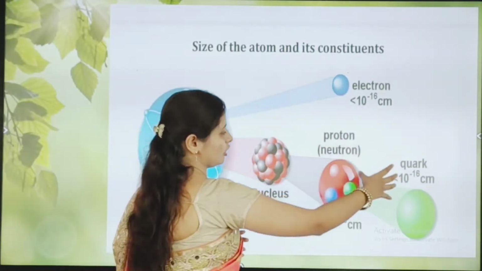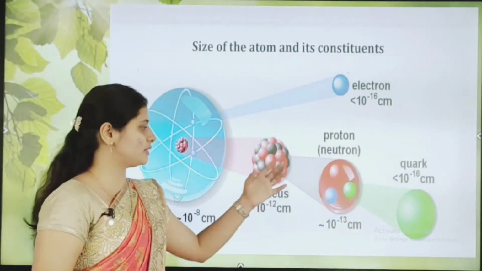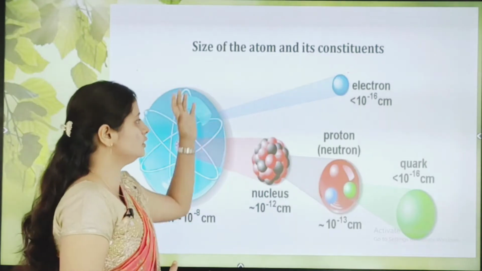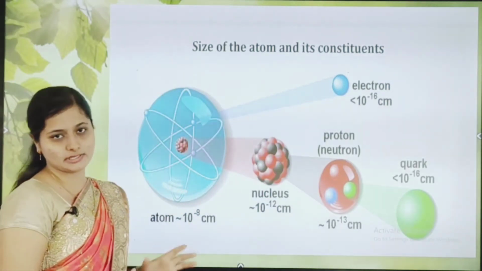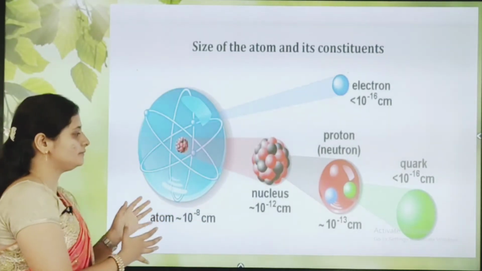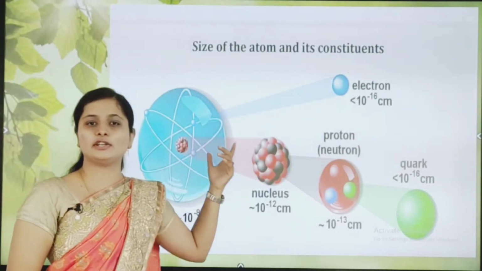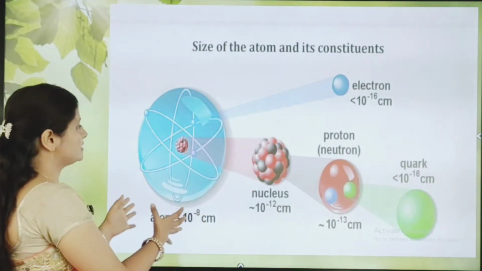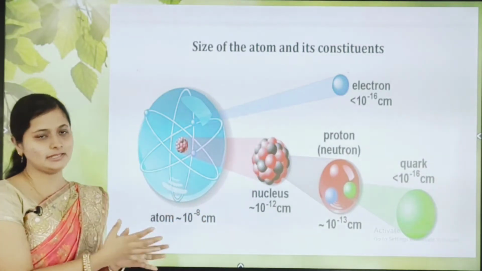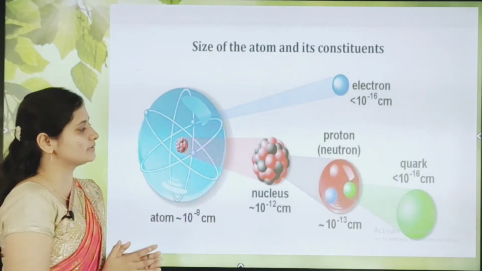Next, the quark: quarks are the charged constituents present in a proton. And the electron revolves around the nucleus. This is the size of the atom as well as the explanation of the nucleus and the electron.